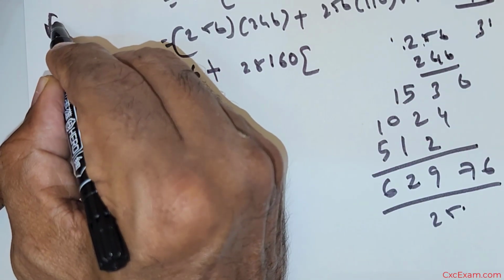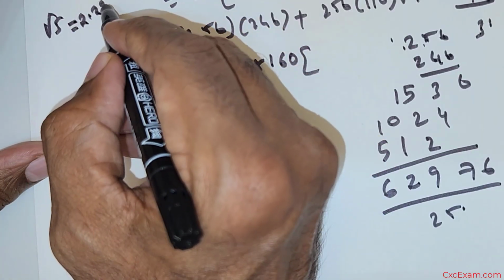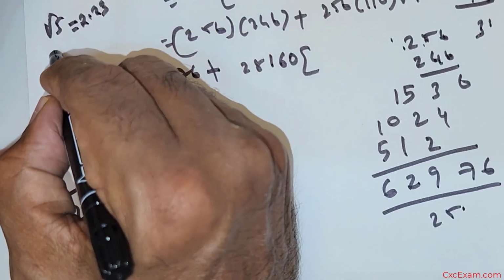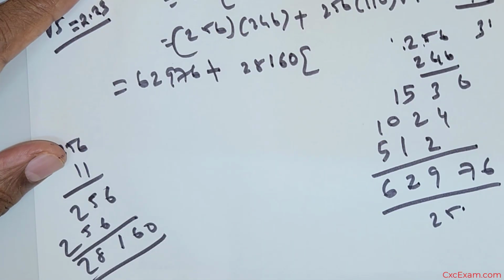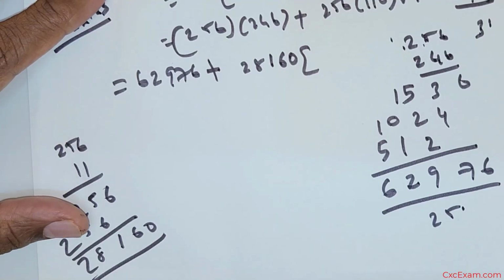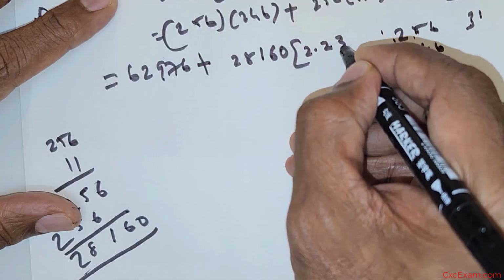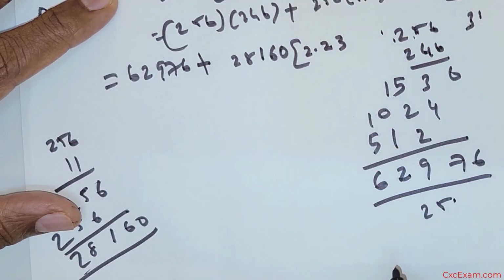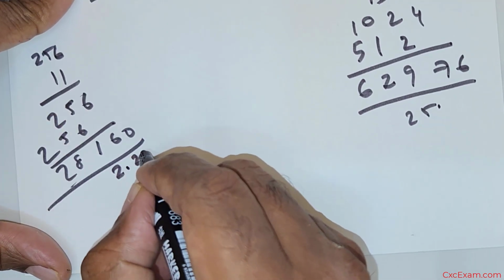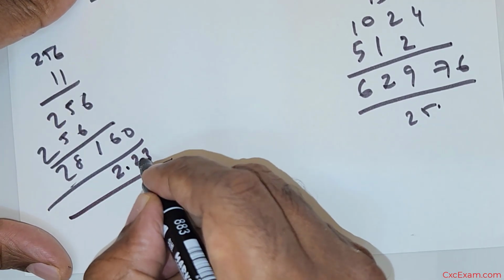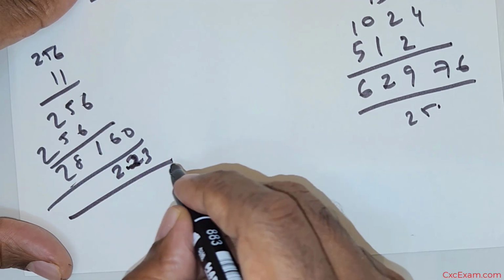Now root 5 has a standard value of 2.23. I'm going to take it as 2.23, 2 decimal places. So what we have to do is multiply with 2.23. I'm going to multiply first with 223, no decimal place.